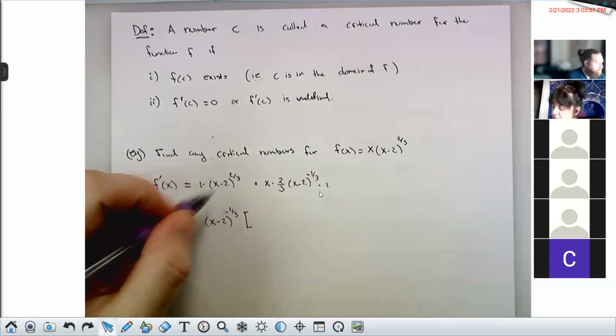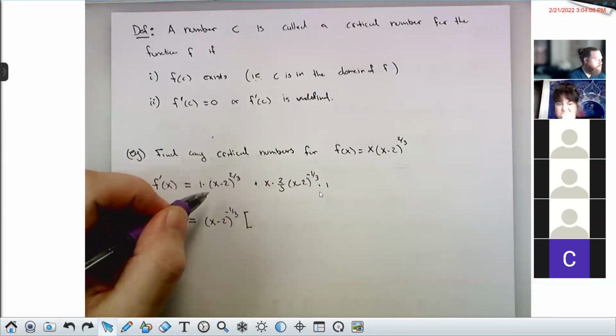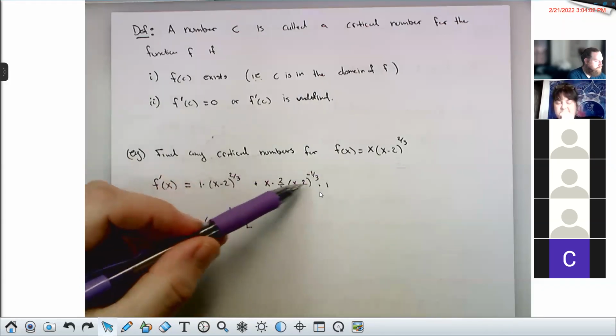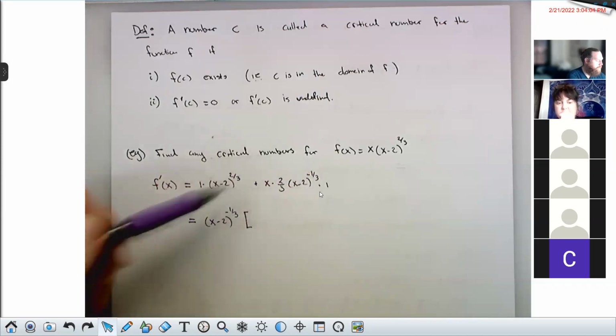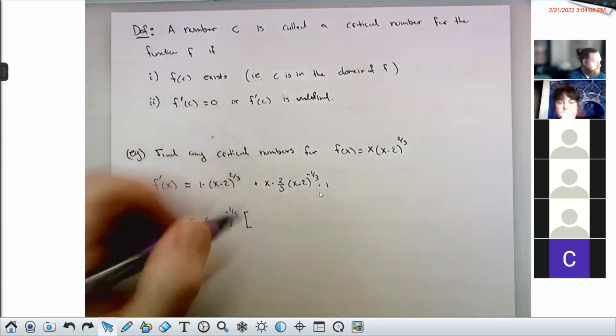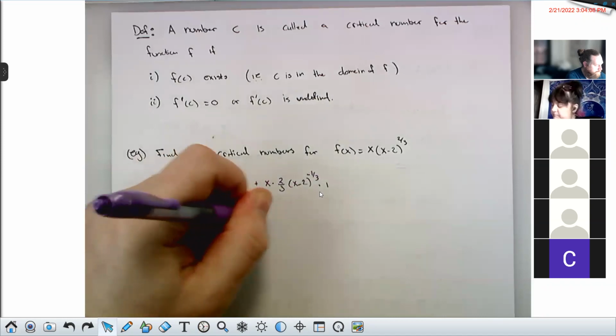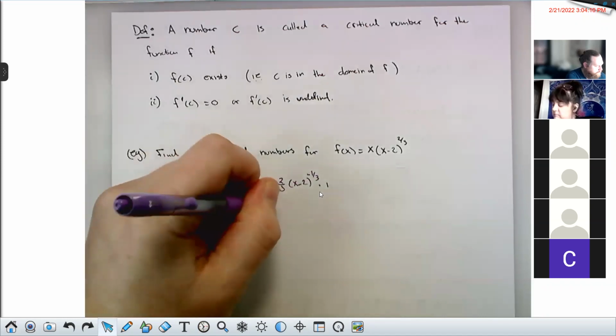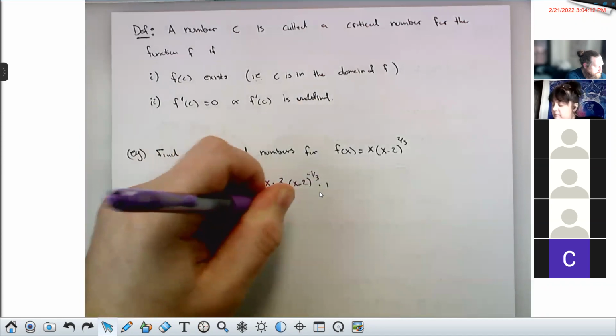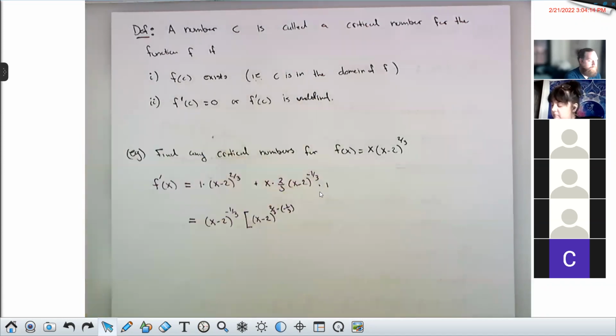If you take x minus 2 to the 2/3 and you divide it by x minus 2 to the negative 1/3, you'll be left with x minus 2 to the 2/3 minus negative 1/3. Factoring out is like dividing by.